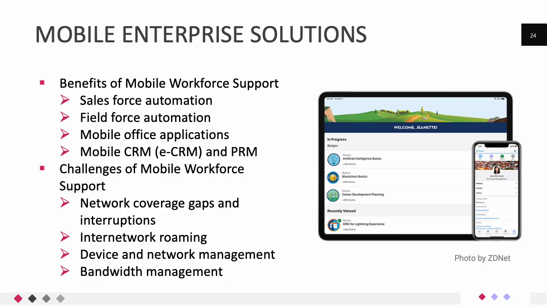The biggest problem in Taiwan is probably the network coverage gaps. When you are on the MRT or maybe in the basement, the signal will drop from 4G to no service.